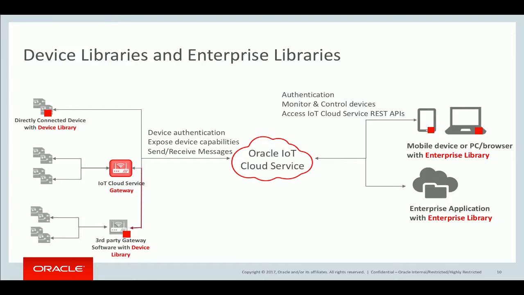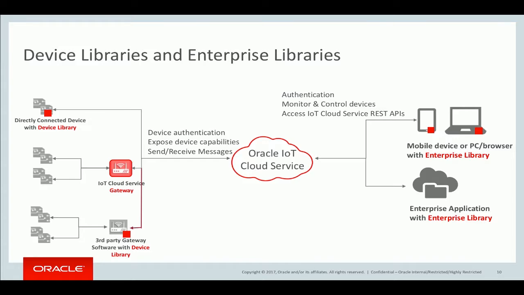One of the capabilities that I showed right now is turning on and turning off your blue pump, for example. On the other end, we have our enterprise libraries, which talk to your cloud service, but with a different perspective. The perspective over here is, how do I monitor all these assets? What are these assets telling me? What are the capabilities that each of these assets has exposed to the cloud service? And all those, a monitoring framework, so to say.